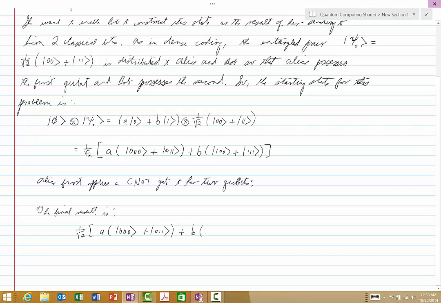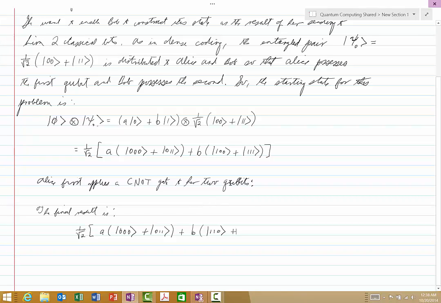Now for the next part, when she applies the C0 gate to the |100> ket, since the first qubit of that is 1, the second qubit is going to get flipped, and that will give |110>.